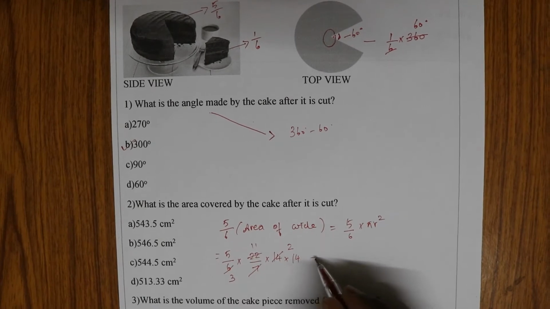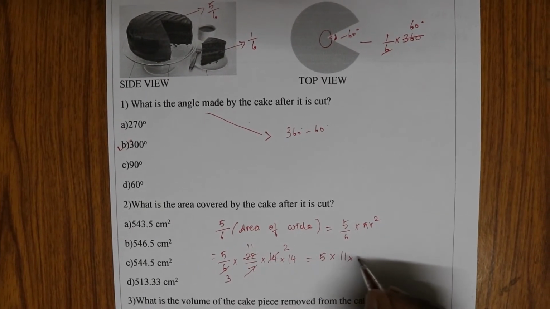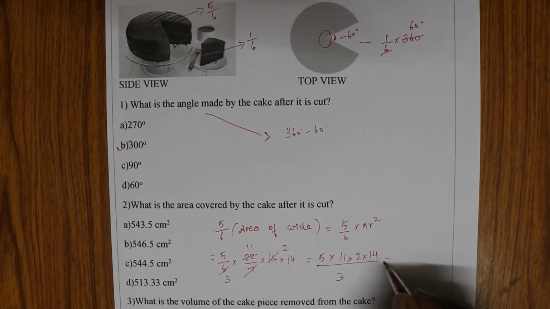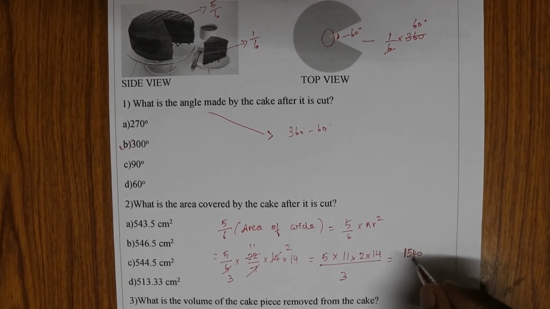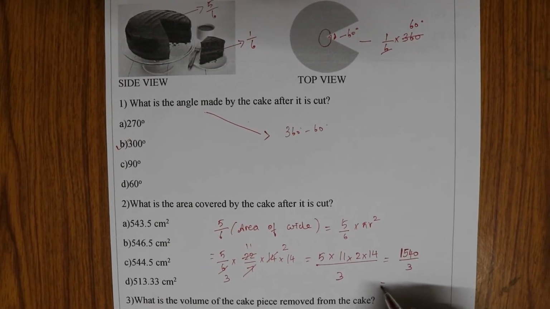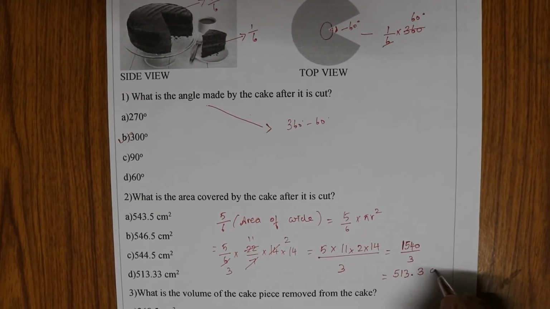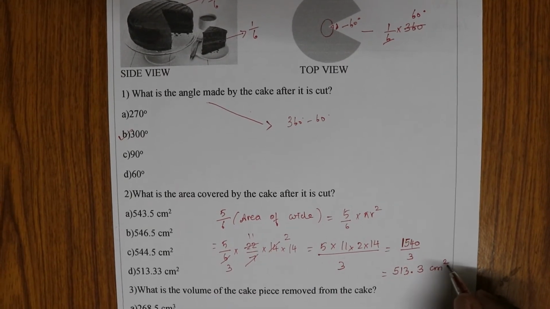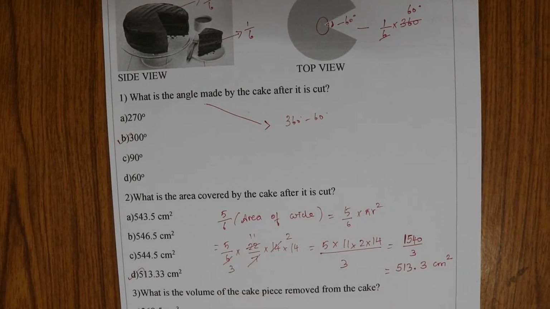So we are just going to evaluate 5 into 11 into 2 into 14 by 3, which when multiplied becomes 1540 by 3, which when divided by 3 becomes 513.3 centimeter square. It is square units because it is area. So out of this, which is the apt option? You can take option D.